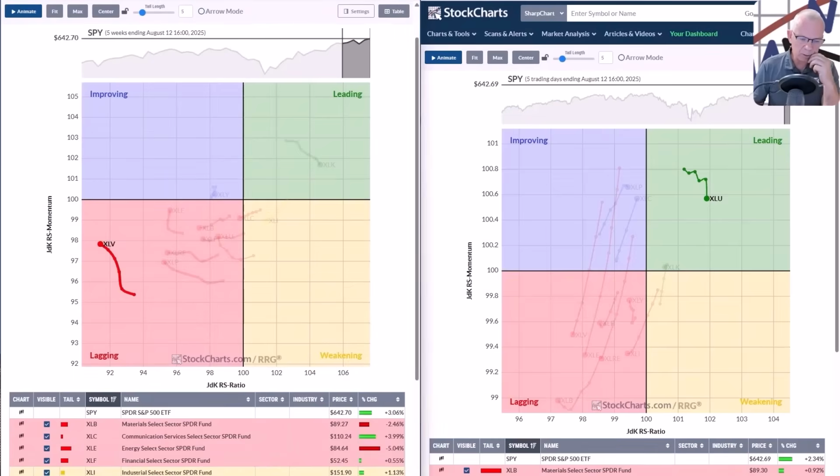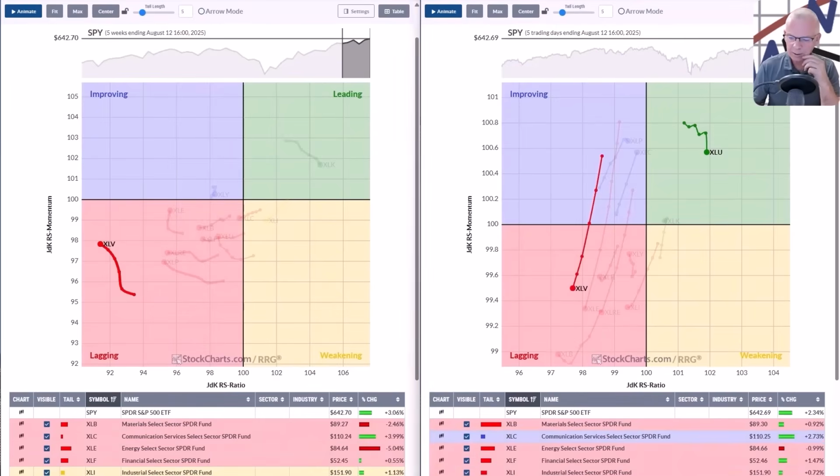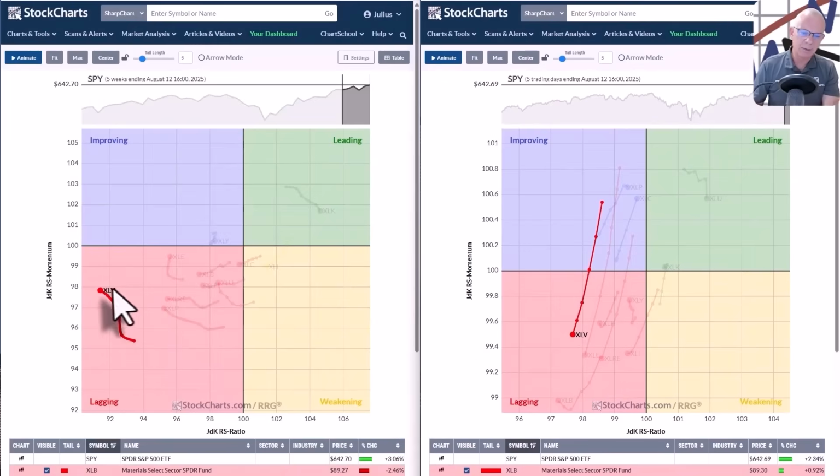Two more to go, starting with healthcare. So here is healthcare. Okay, weakest sector on the weekly RRG, lowest RS ratio reading, picked up a little bit of momentum but hasn't been able to get out of that lagging quadrant.